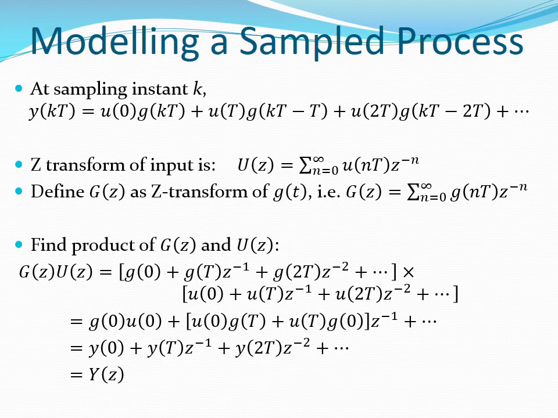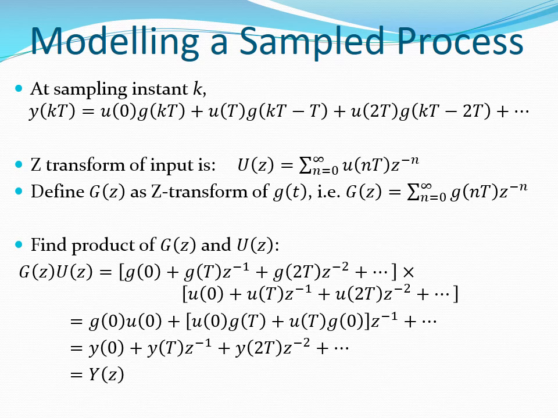Let's define G(z) as the Z transform of the impulse response. In other words, G(z) is a summation for n equals 0 to infinity of g(nT) z to the minus n.